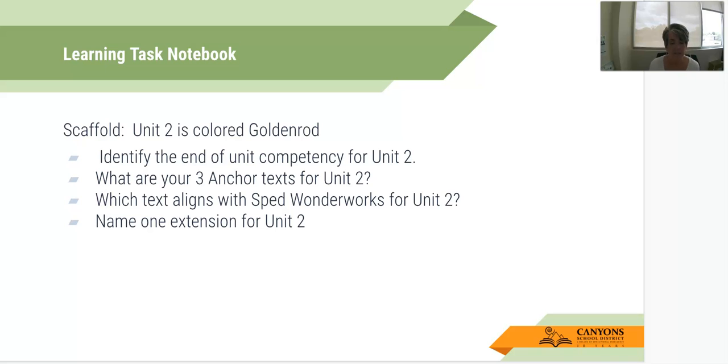I want you to identify and write in your learning task notebook, what is the end of unit competency for Unit 2? What are your three anchor texts for Unit 2? And which text aligns for Special Ed WonderWorks for Unit 2? And then also name one extension. So look through that, see if you can read it for Unit 2, and write those things down in your learning task notebook.